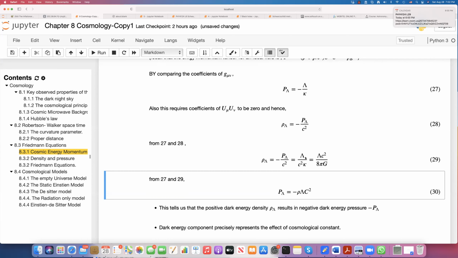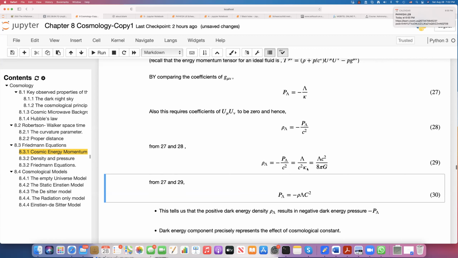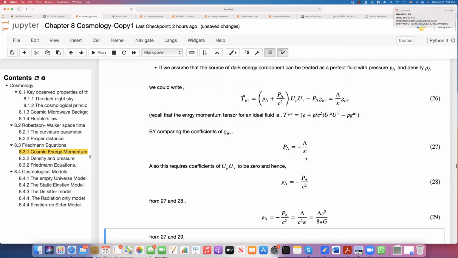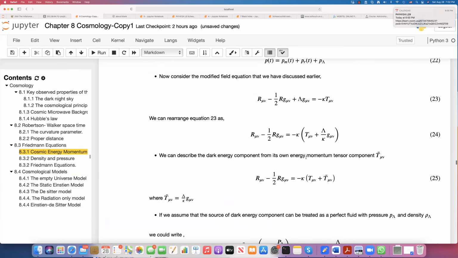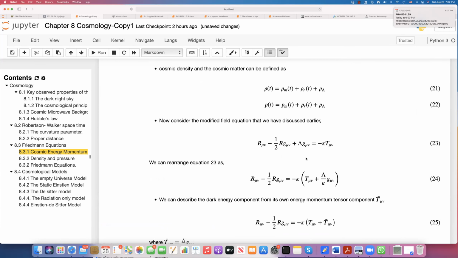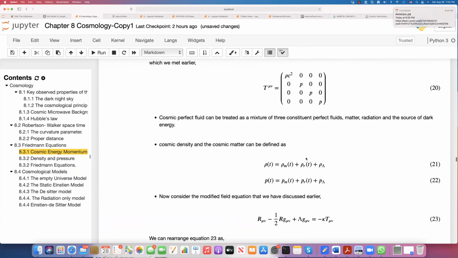So that minus sign will cancel out, and you have lambda over C squared kappa. And this value of kappa is something you should have previous knowledge about.